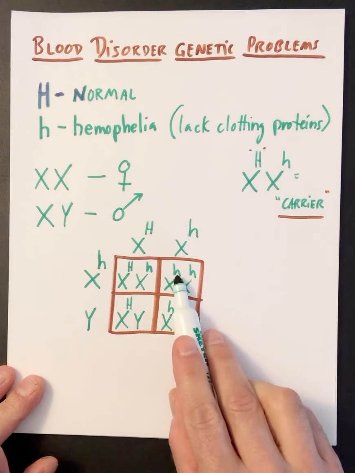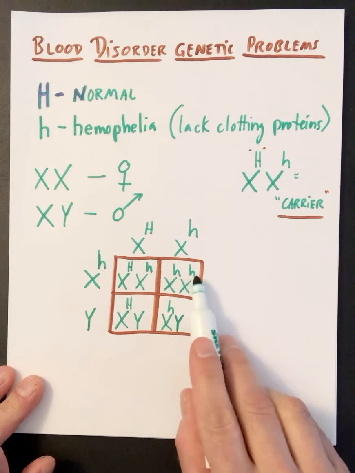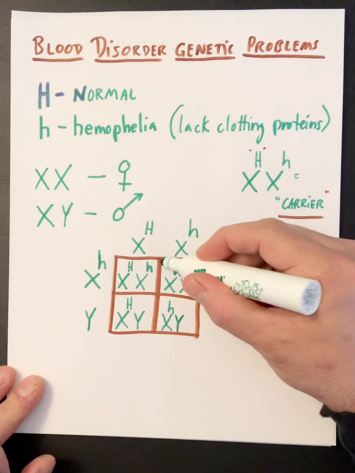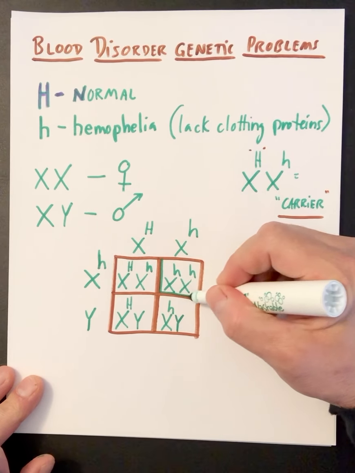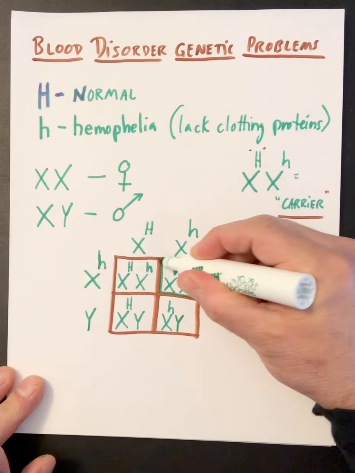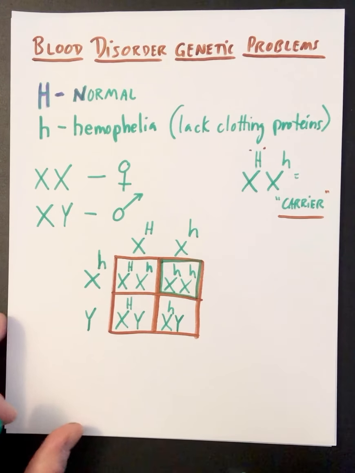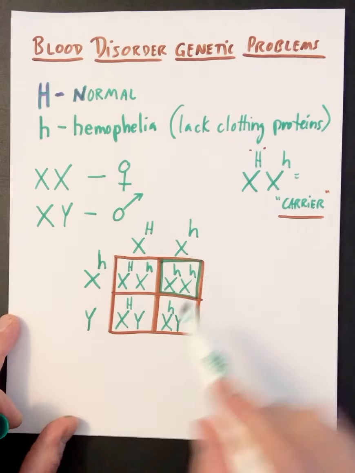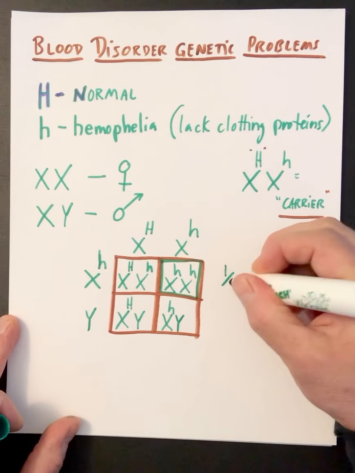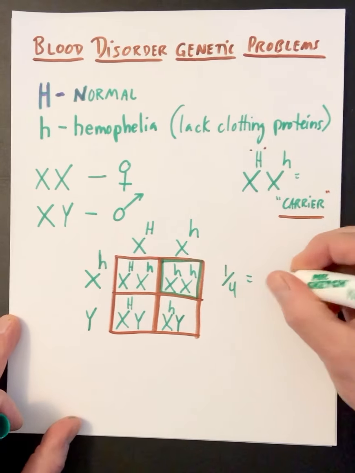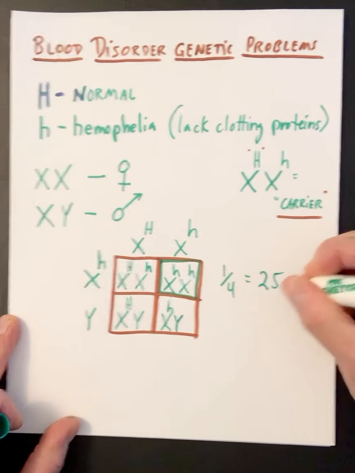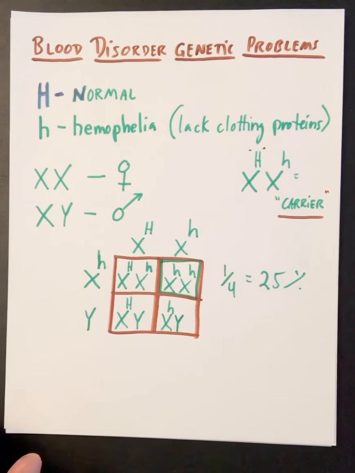Because she does not have the normal gene at all. This individual right here will be a hemophiliac. But the question's asking you the probability that they'll have a daughter with it. So it's really 1 out of 4, which is also 25% probability, right?